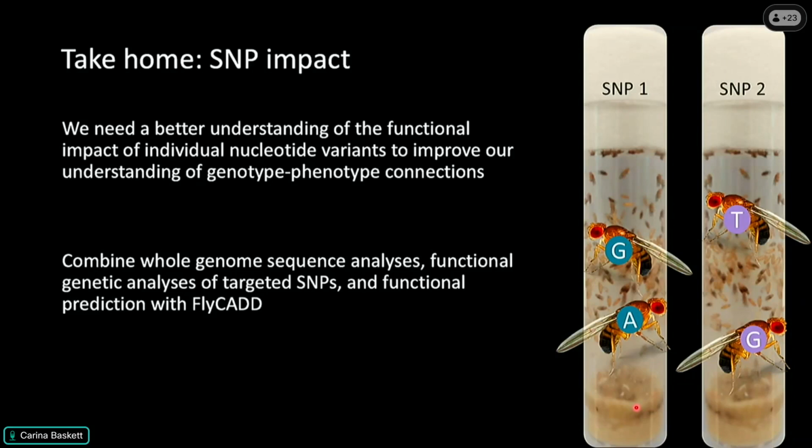So this can be specific SNPs, but maybe we can also do random SNPs and just try to build our understanding of what different SNPs do. And then the newest tool to the toolbox that my student Julia made is that hopefully the functional prediction that flycat provides can add something to our understanding.